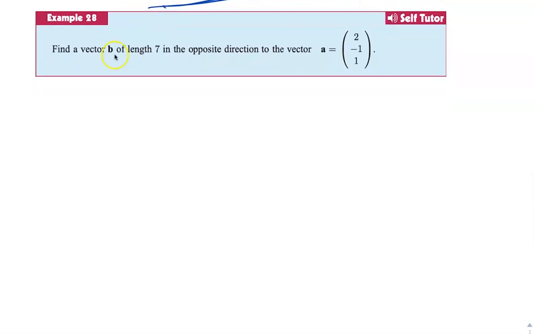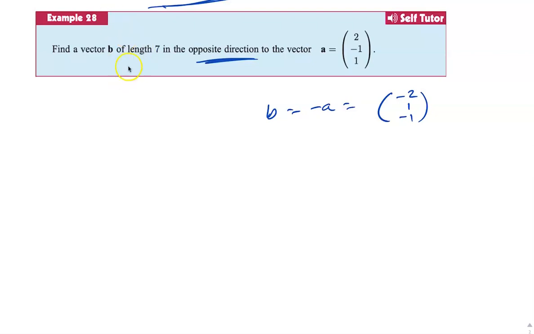Okay, let's go to this last example real quick. Find a vector b of length 7 in the opposite direction of vector a, right here. So first, opposite direction. My b is going to be the opposite direction of that, so it's going to be negative a, which is negative 2, 1, negative 1.